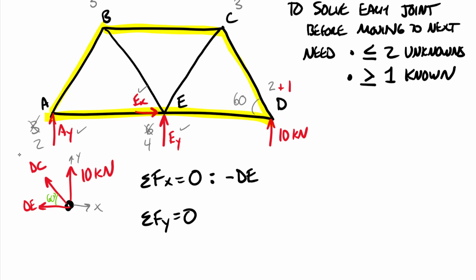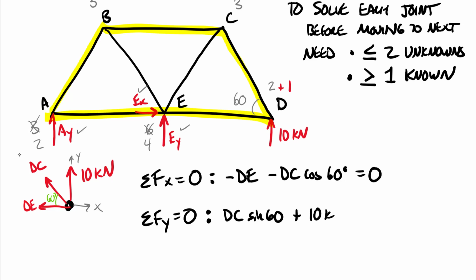So that will be minus DC cosine of 60 degrees, and this equals 0. And then for my forces in the y direction, I only have two of these forces in the y, both of them positive, and so I have DC, and this is going to be the sine of 60 degrees, plus 10 kilonewtons. This also equals 0.